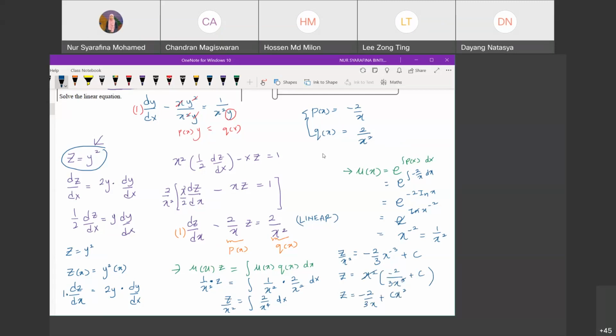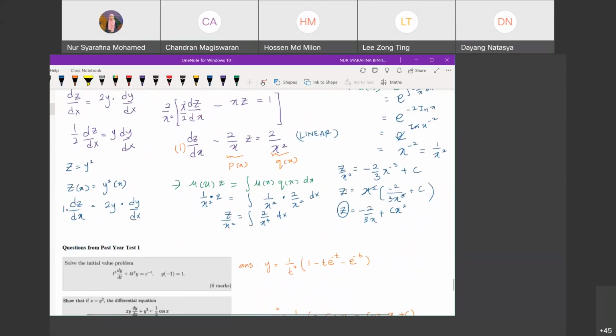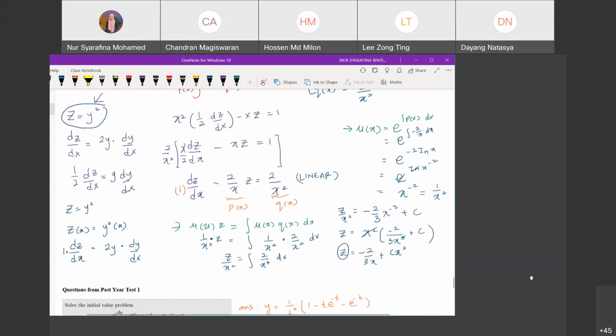Okay, then remember this is z. And remember what is z? z equals y squared. Again, substitute: y squared equals minus 2 over 3x plus cx squared.